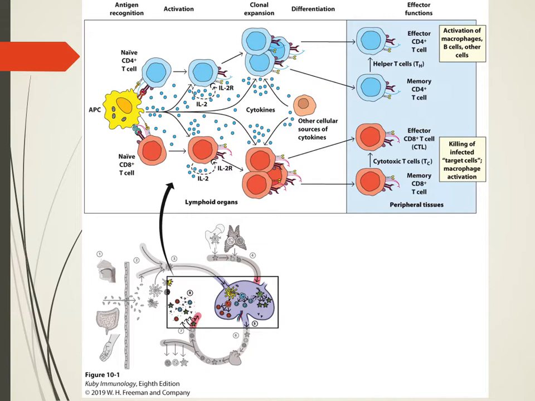Now, looking at our ruddy orange or rusty colored cells that are CD8 T cells, when those undergo clonal expansion and differentiate, they can differentiate into an effector function, which would be the cytotoxic T cell, or they can differentiate into a memory population. So you would have memory CD8 positive T cells also, along with our memory CD4 T cells.